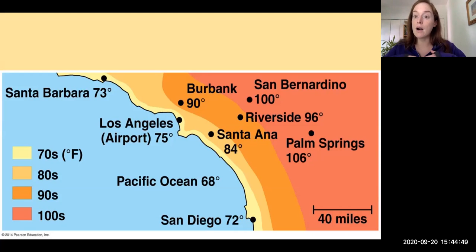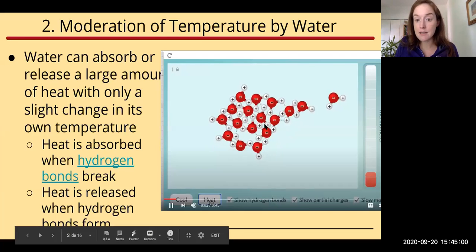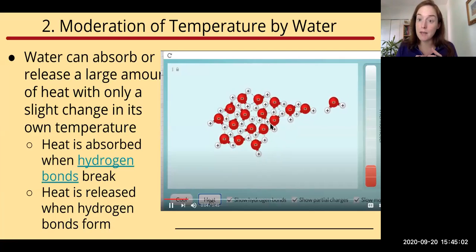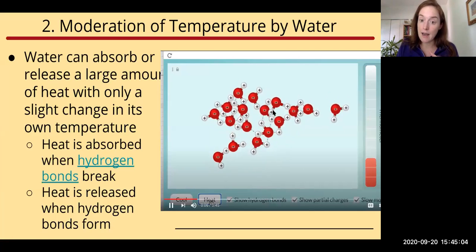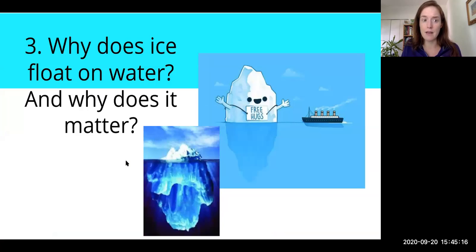And those hydrogen bonds help keep it stable. They help keep it from releasing too much energy or absorbing too much energy. They help to stabilize. And here's another example, just like bodies of water don't heat up as quickly as the air surrounding them. And that's good because, again, it has a moderating effect on life.